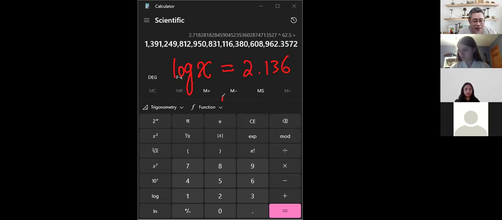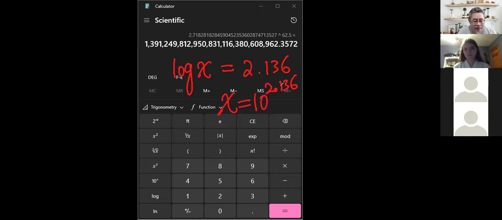So x will be 10 to the 2.136. Yes, that'd be x to the y. 10 x to the y. Why does it keep going to 0? 136 equals. Oh, okay. I think I found it out.